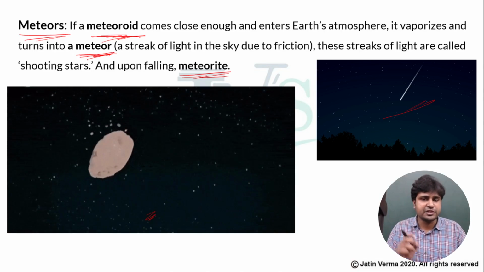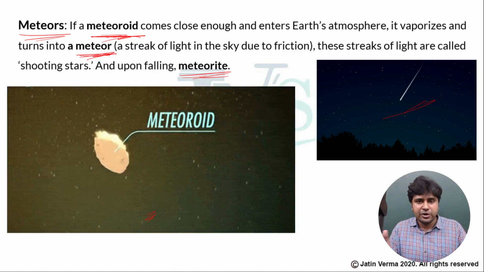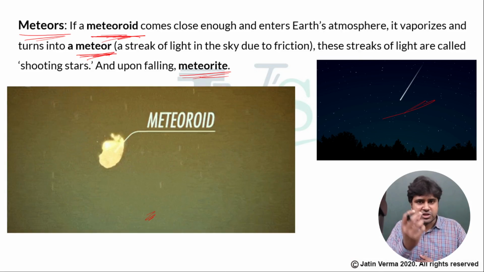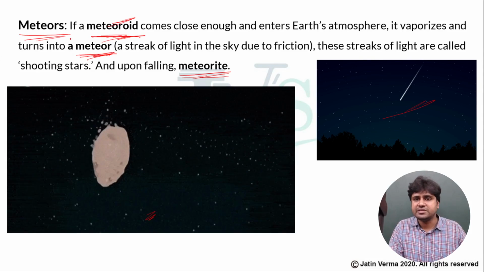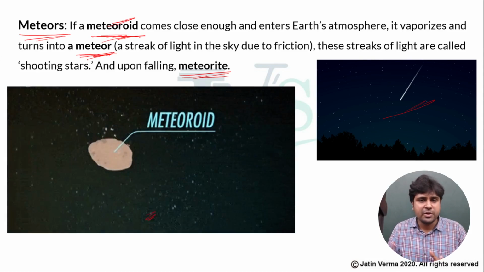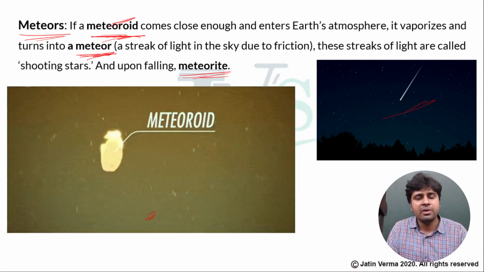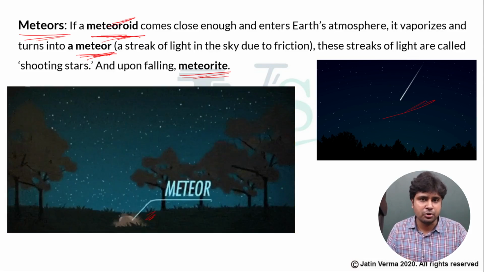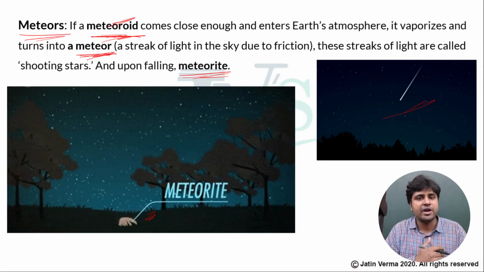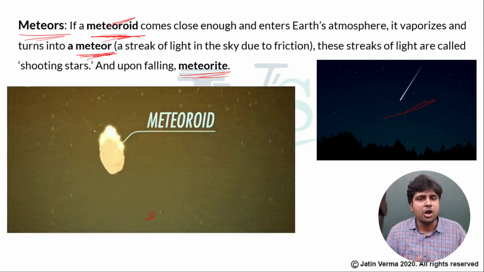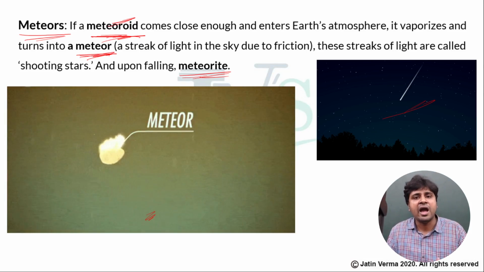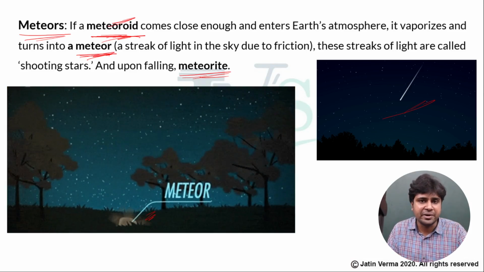Clear? Let me explain this one more time. Asteroids collide with each other. Those tiny pieces are called meteoroids. Sometimes the meteoroids will come close to the Earth and get pulled by the Earth's gravitational pull. They'll start falling through the atmosphere with very high speed. Due to friction, a lot of heat is generated and the meteoroid will get burnt up.